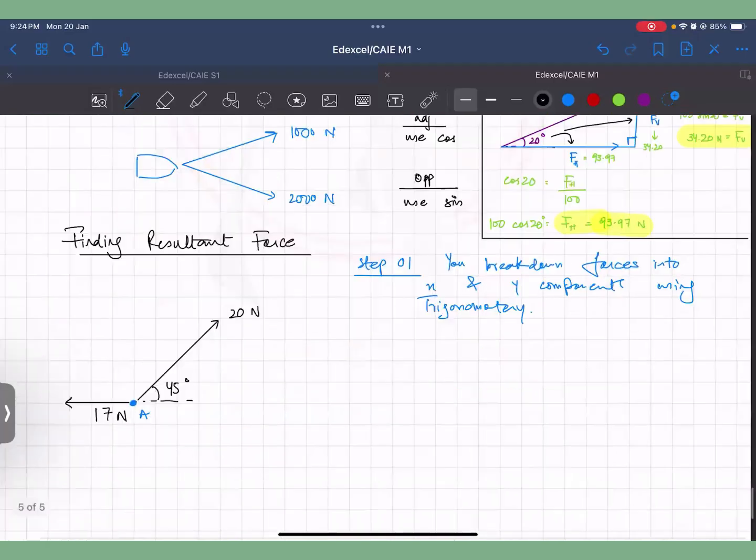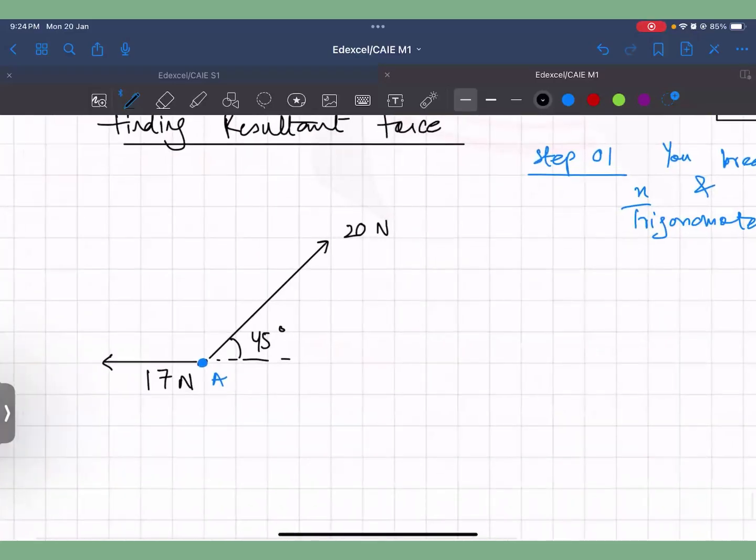Now we use the same logic over here. We have to break down all components into horizontal and vertical components. The 17 Newton is already only horizontal, so its vertical component is 0. We have to break down this 20 Newton into the horizontal and the vertical.